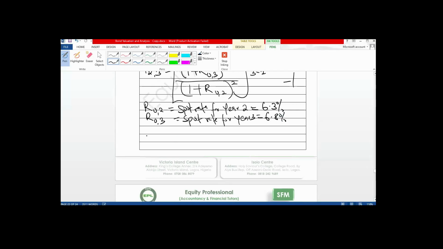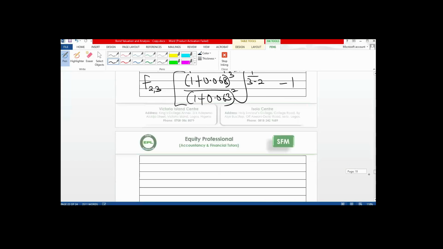I can take the formula here. F2 to 3 is equal to 1 plus R in year 3, 0.068 raised to power 3 over 1 plus R in year 2, 0.063 raised to power 2. Close my bracket, 1 over 3 minus 2, everything minus 1.